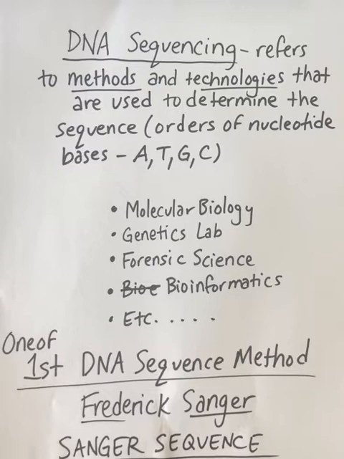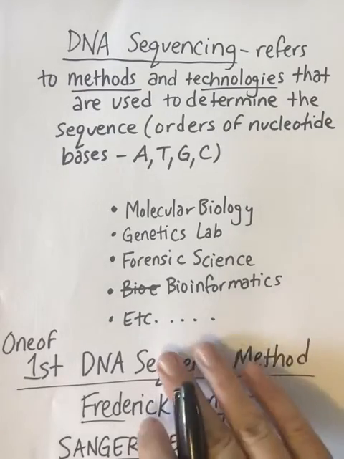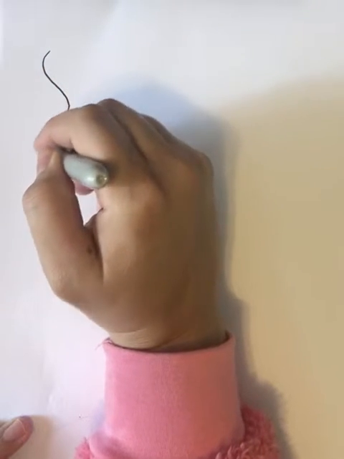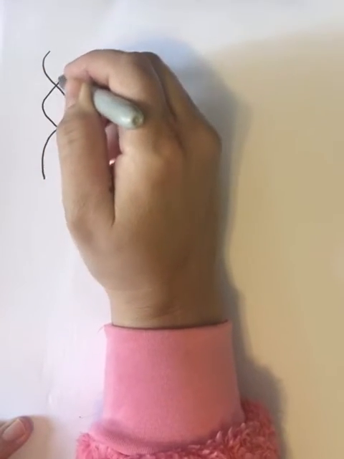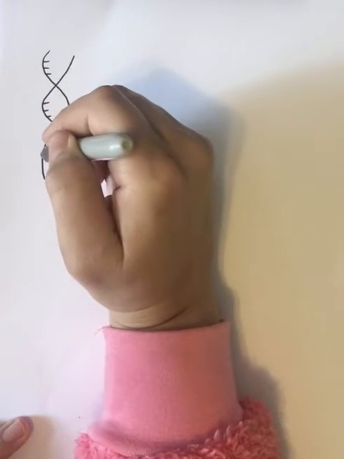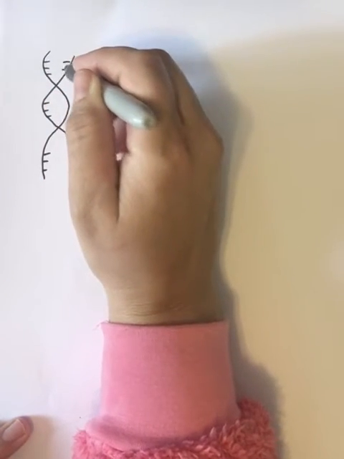And when we talk about the Sanger sequence, what Mr. Sanger did is he took a DNA. So you have to remember that DNA is a double helix, and facing on the inside are nitrogen bases, and we always do these in sets of 3 called codons.